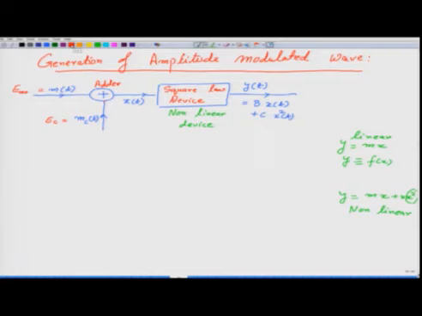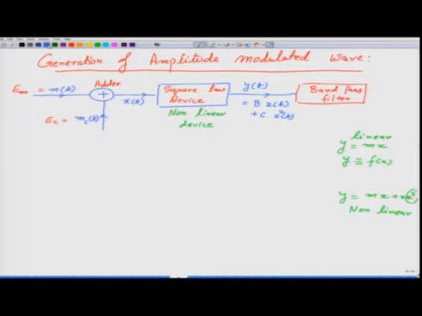Now, the third block is a band pass filter. We will see why this is needed. This is also an important block. Now, let us see what happens when we send our input, the message signal as well as the carrier signal, to this device.